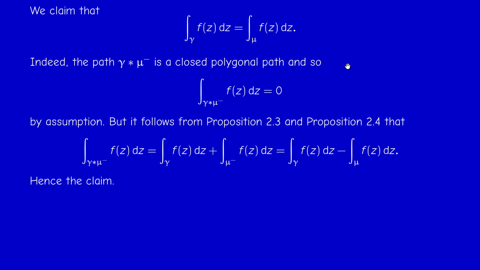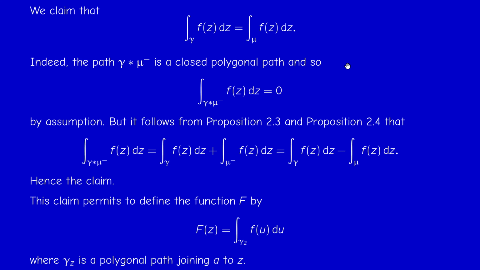But A is fixed, Z is variable. So this result permits me to define the integral over any polygonal path joining A to Z. The integral is the same. Just pick any polygonal path you like, joining A to Z, and integrate f along this.